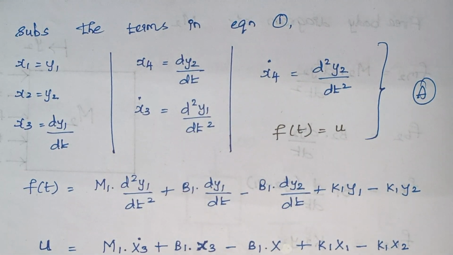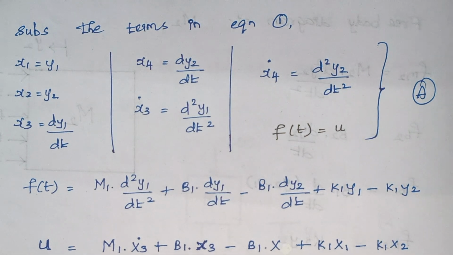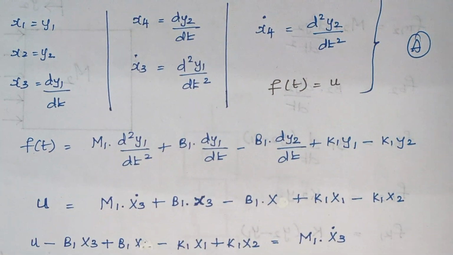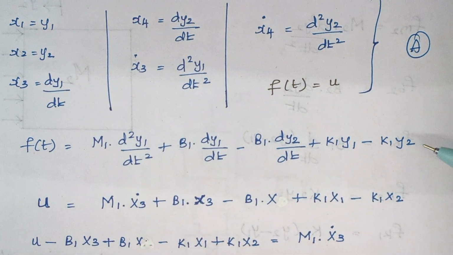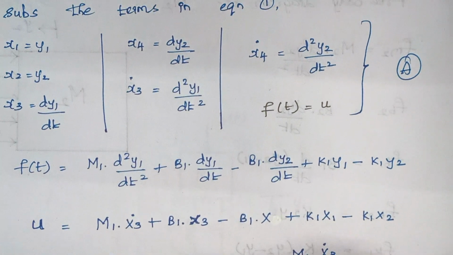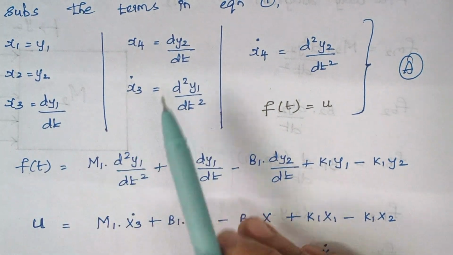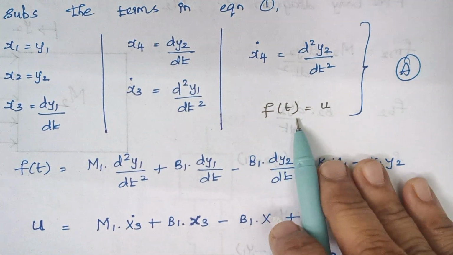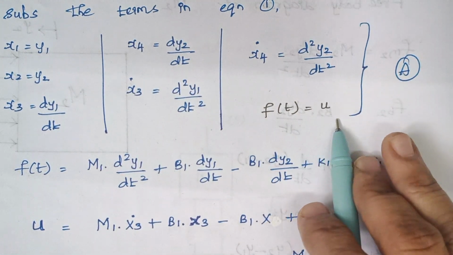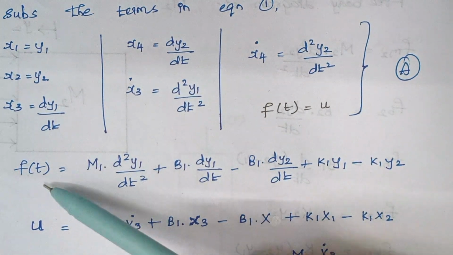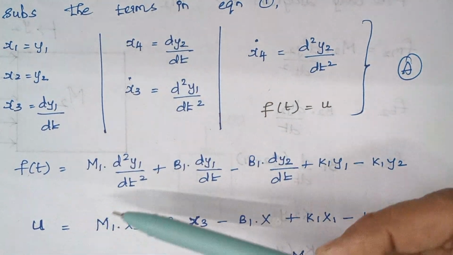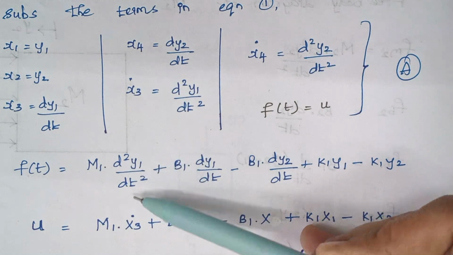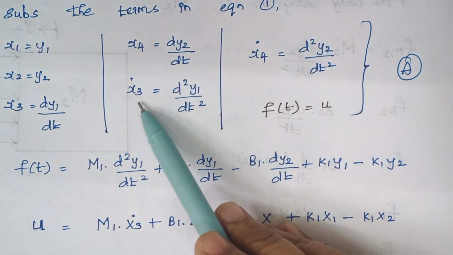Again we are going to substitute these values in our equations 1 and 2. This is our equation number 1. I forgot to say this f of t is our input force, and it should always be considered as u. So f of t is represented as u, and m1 into d square y1 by dt square is nothing but x3 dot.